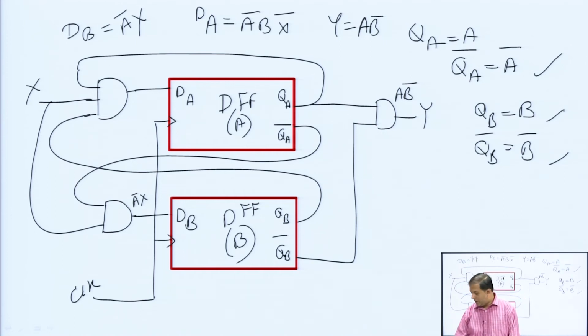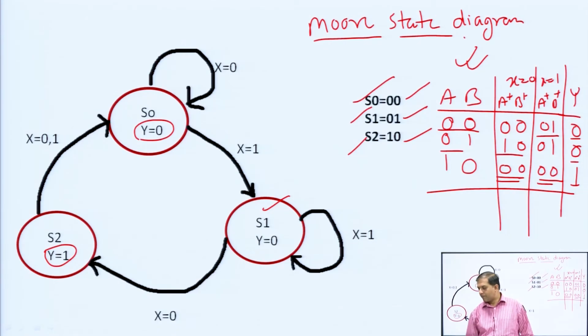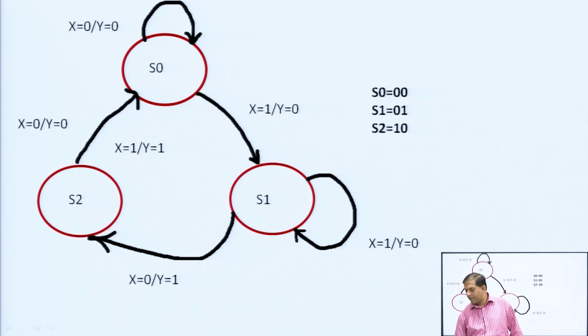Okay. So, now let us take another example, but there is a difference. See, in this diagram the output is given inside, and the output depends on the present state only, not on the external inputs. But in this second diagram you can check that the output is written with the inputs.